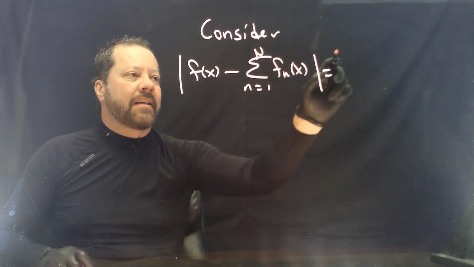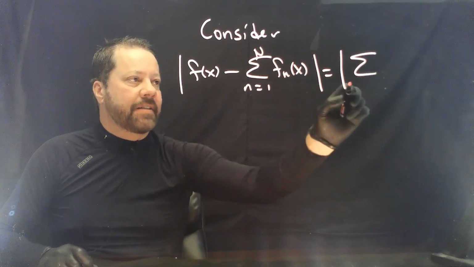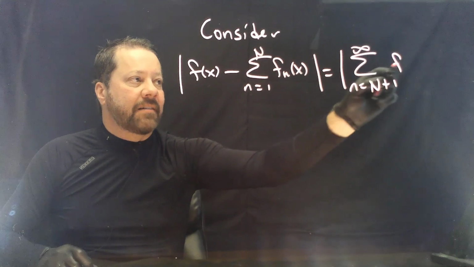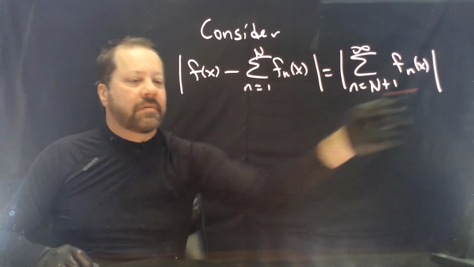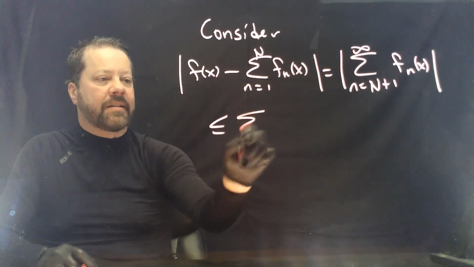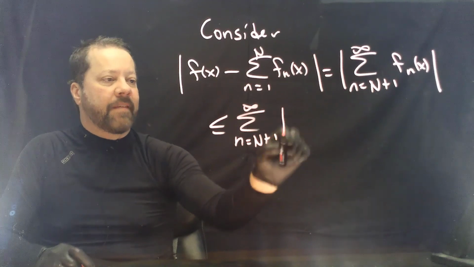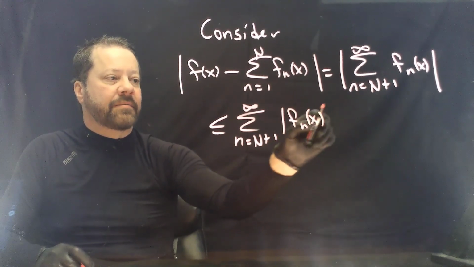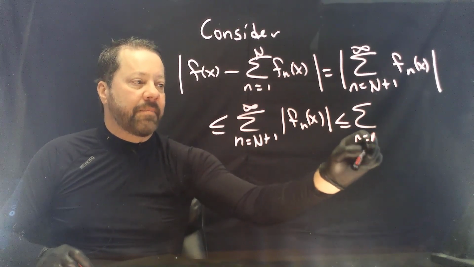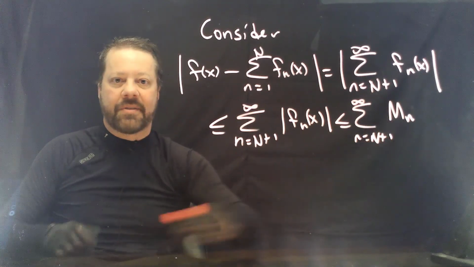But since f is the limiting value of these, this will be the sum of the tail, which, using the triangle inequality, is less than or equal to the sum as n goes from N plus 1 to infinity of the absolute value of fn of x, which is bounded by the sum as n goes from N plus 1 to infinity of the Mn's.